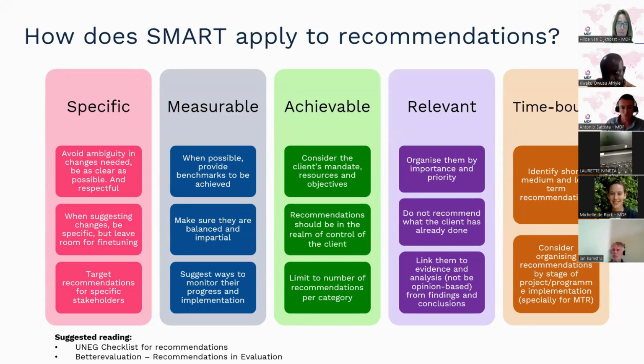So be careful when you develop recommendations in that sense, because evaluators can probably sense that there's a gap in the relationship between the client and a certain ministry or a certain UN agency, but the client cannot change or control what other agencies do. So make sure that you say things like, develop a relationship with a certain ministry, strengthen collaboration with a certain UN agency, so that it's still in the realm of control of the client.